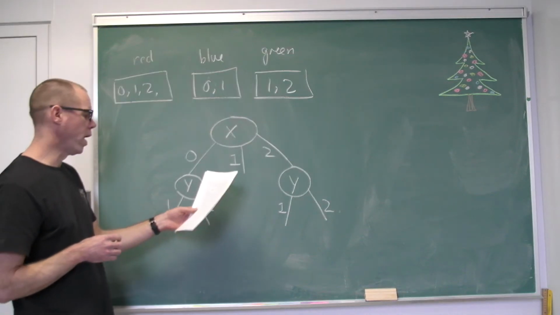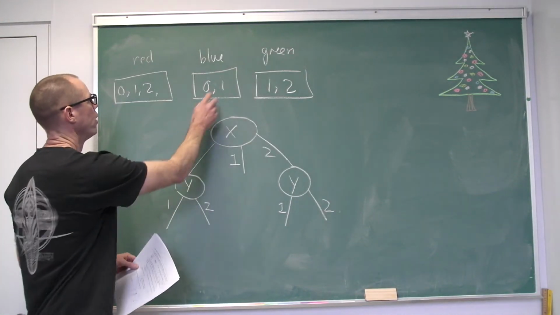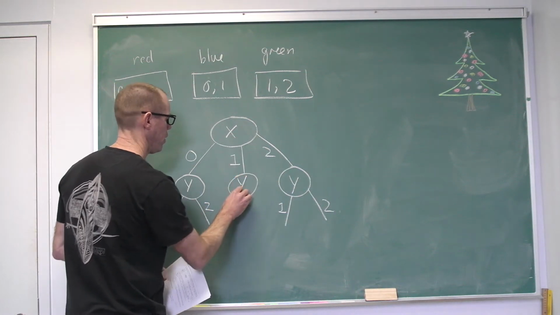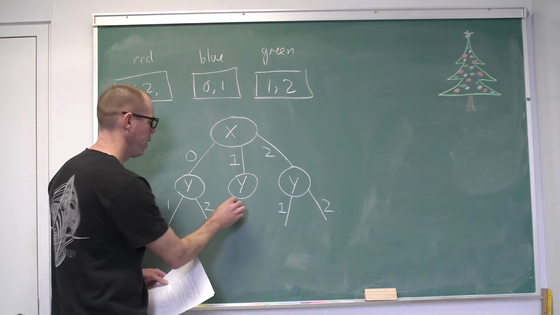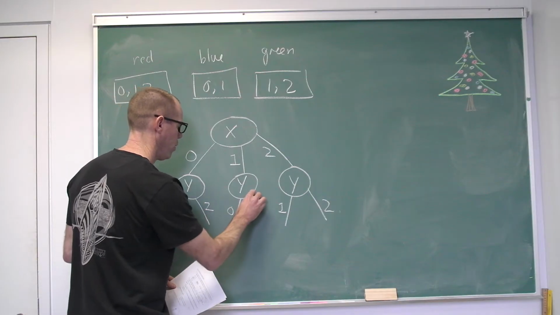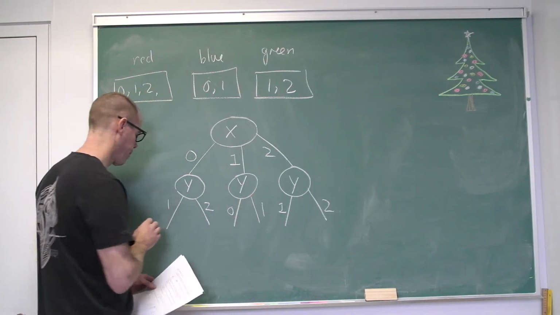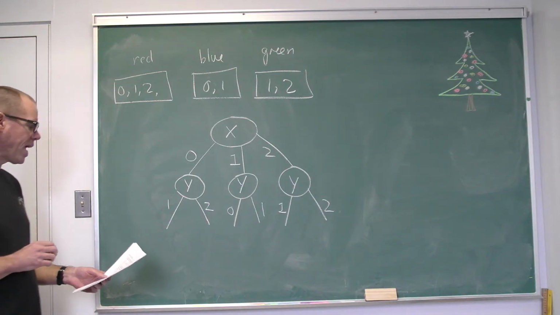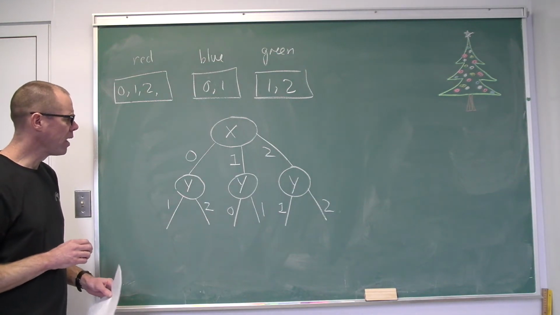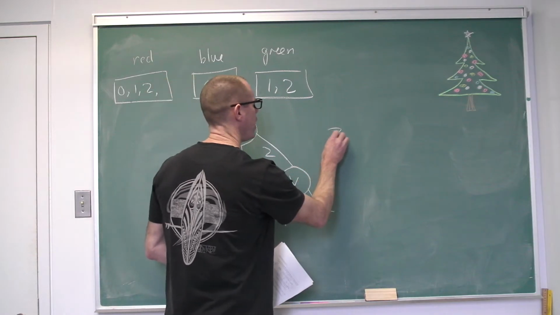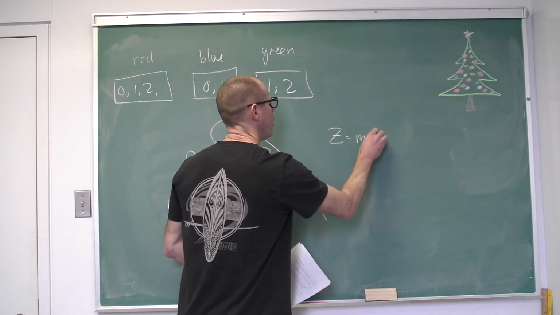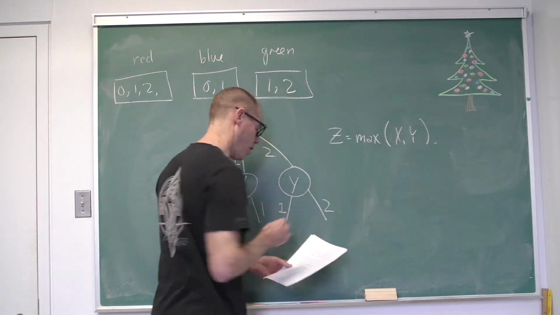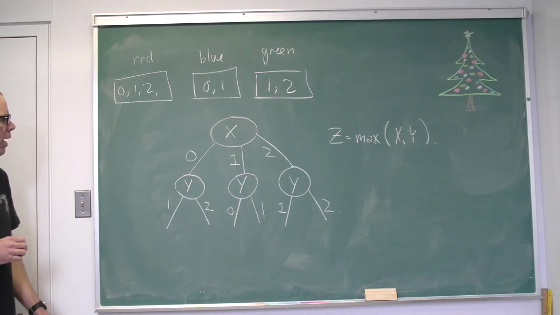And if x is 1, then you're going to choose from the blue box a number that you'll call y, and that could be 0 or 1. All right? And finally, z at the end of this is defined as the max of x and y, so the maximum of those two values.